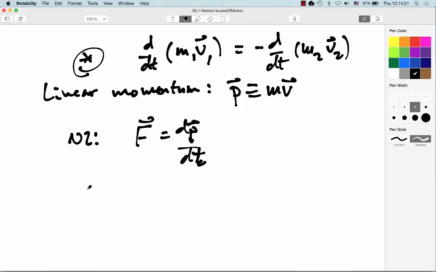So this gives us the third law, like I presented, that the force of 1 on 2 is equal to the negative of the force of 2 on 1.